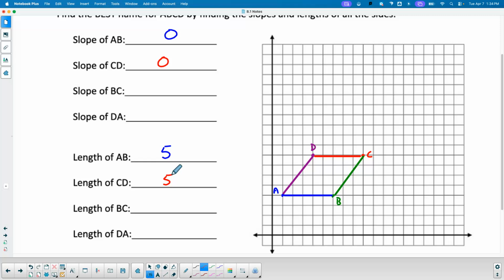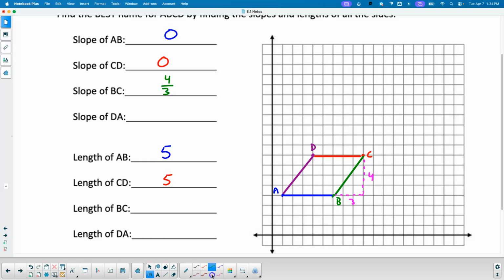Okay. All right. BC, slope of BC, well, ran 3, rose 4, so that's going to be 4/3. Agree with me on that? Okay. All right.